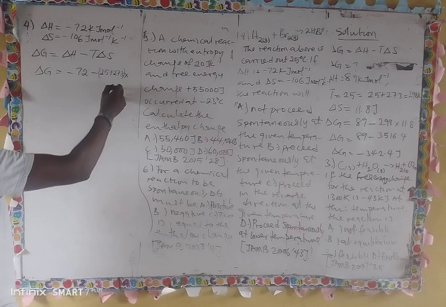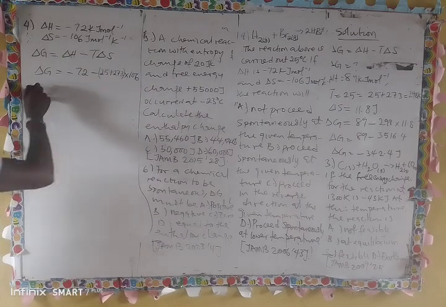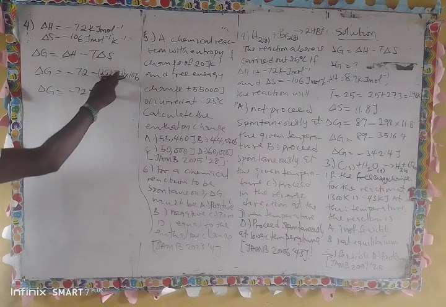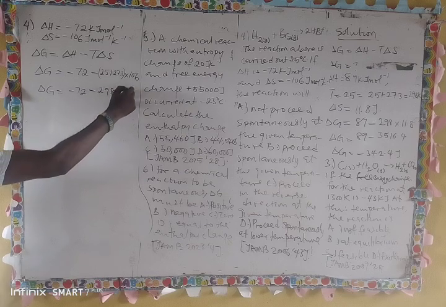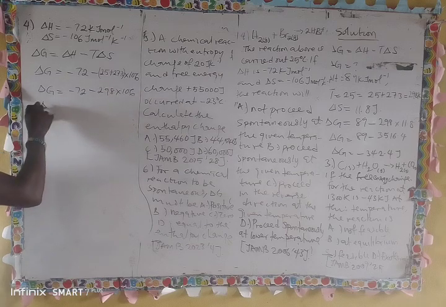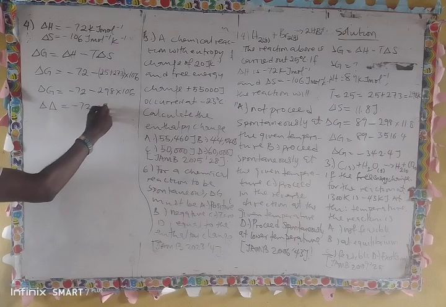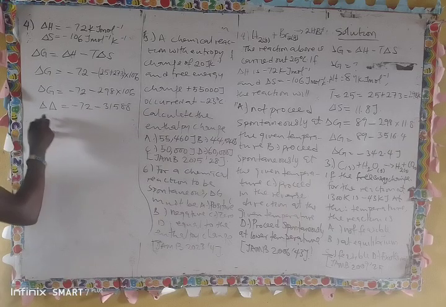Then times the entropy, which is 106. So delta G will be minus 72 minus 298 times 106. 298 times 106 is 31588.